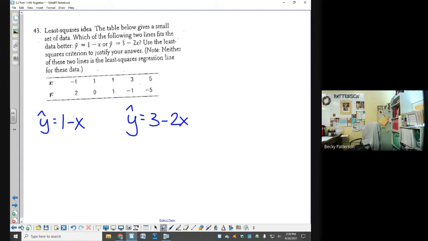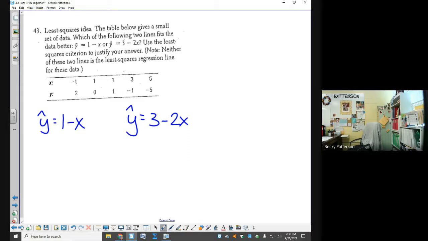Use the least squares criterion to justify your answer. Now, then it says, note, neither of these 2 lines is the least squares regression line for this data. Because a lot of people say, well, why can't I just plug that into my L1 and my L2 and get my equation and see which one it is? Well, they're saying it's not either one, but they want to know which one's better.